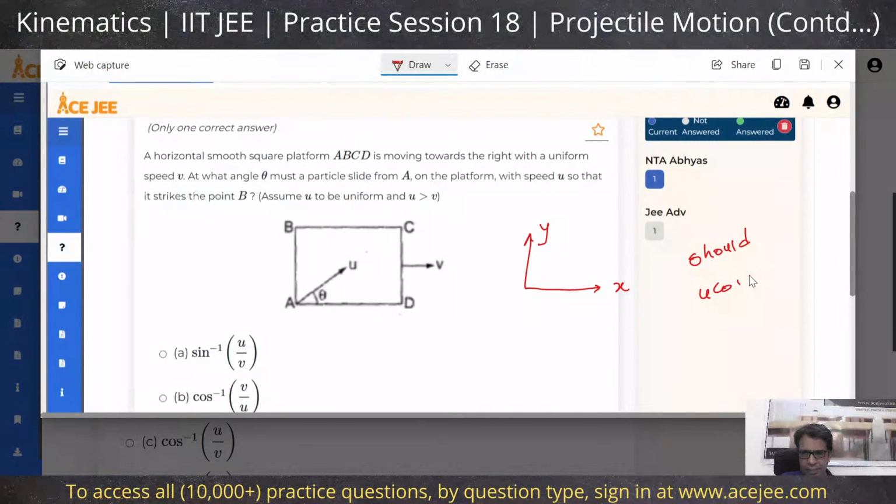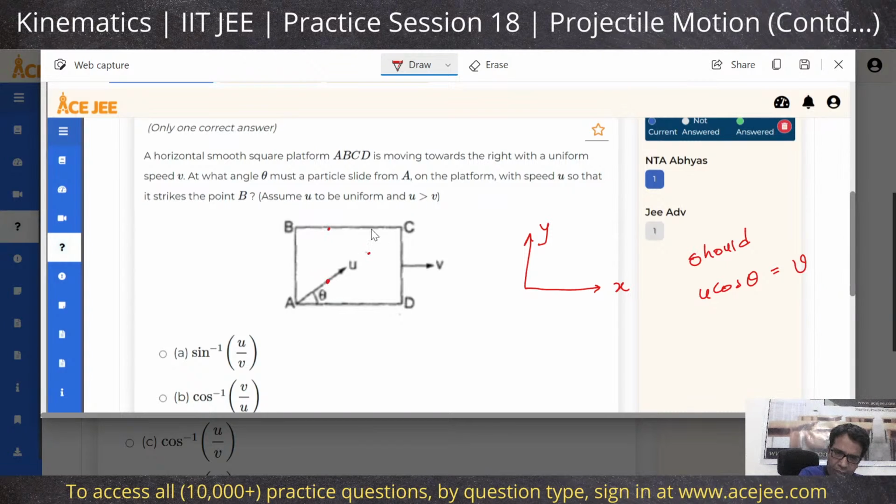That is, the component of the particle's velocity along the x direction is equal to the velocity of the platform in the x direction. Yes, sir. Only then, when the particle reaches here, B would be here.